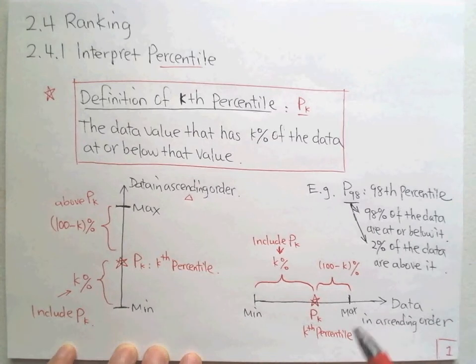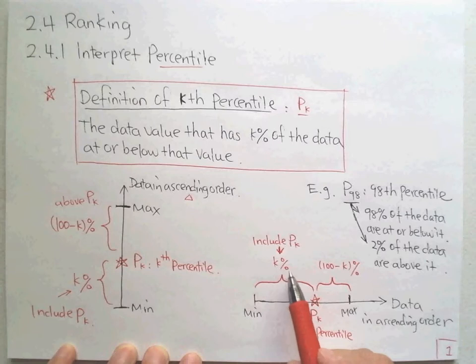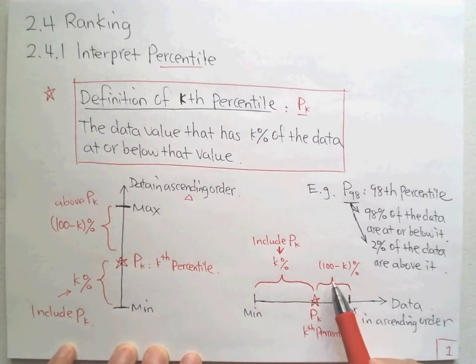We draw a horizontal line from the minimal going up to the maximal, and PK is in the middle. Kth percentile means K percent of the data to the left. How many to the right? 100 minus K percent of the data to the right. Or we can show this example.